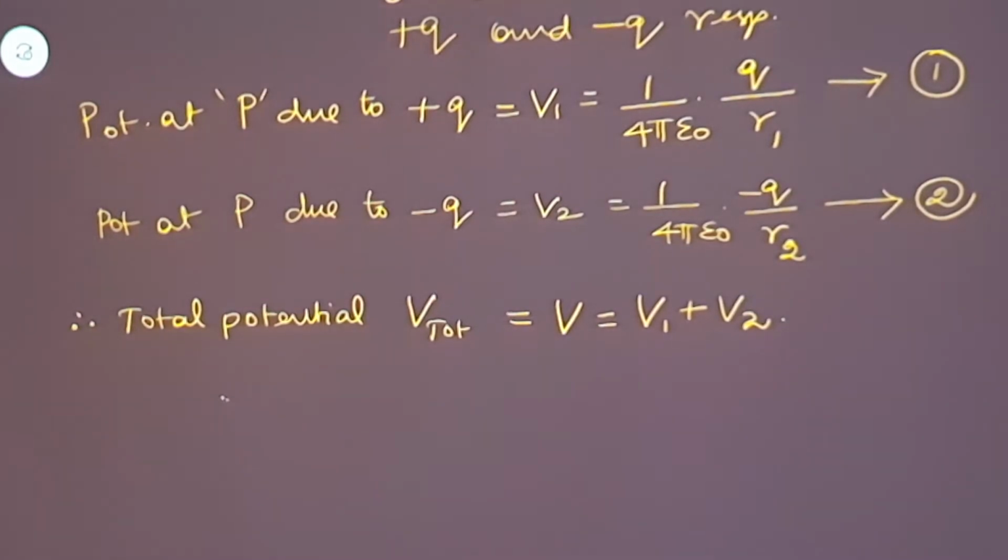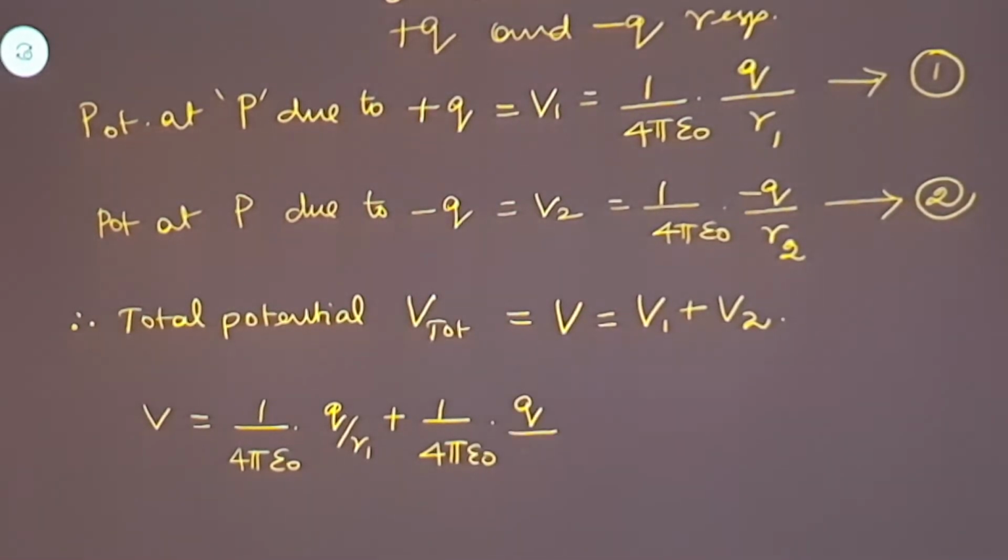So substituting, we get V is equal to, what is the value of V1 first of all, 1 divided by 4 pi epsilon 0 into Q divided by R1, plus 1 divided by 4 pi epsilon 0 into Q divided by R2.